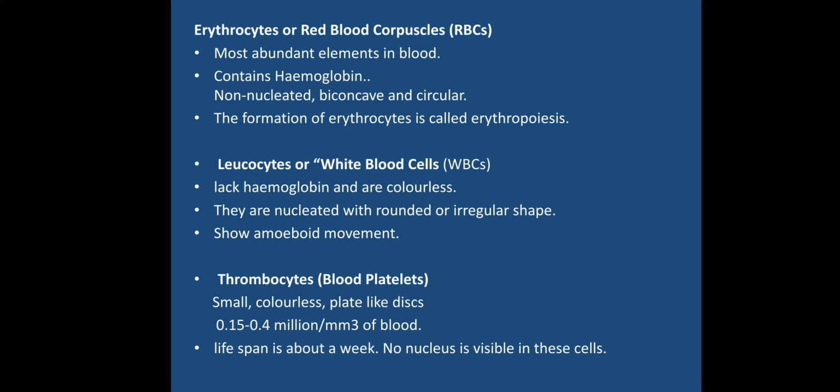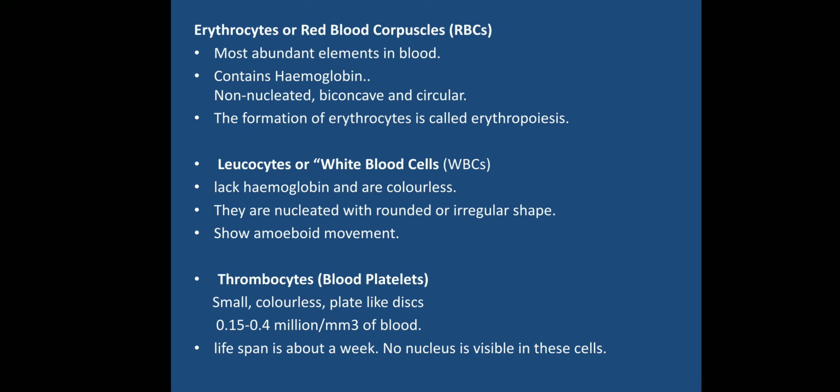Whenever the lungs take in oxygen, it is taken up by the hemoglobin, and that will be taken to the different cells of my body. The formation of erythrocytes is called erythropoiesis, and the main site of formation of RBC is the bone marrow.